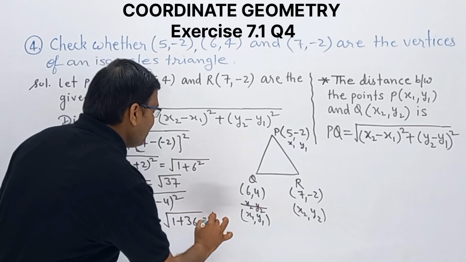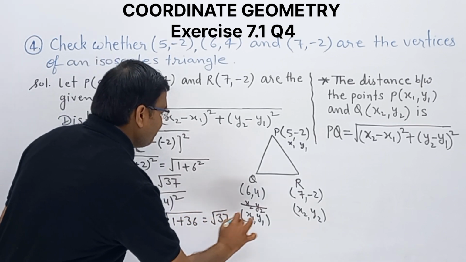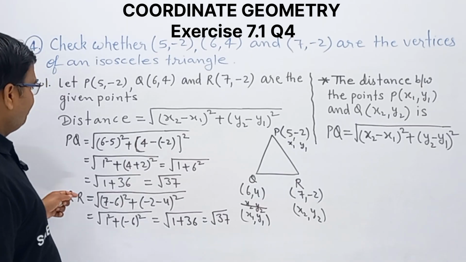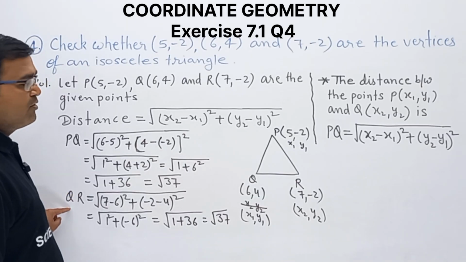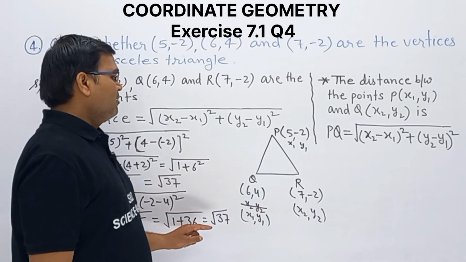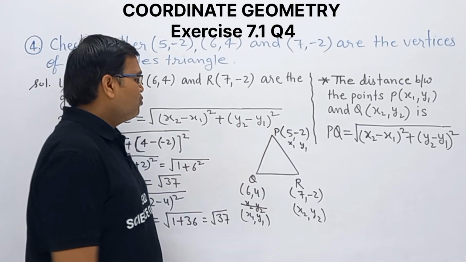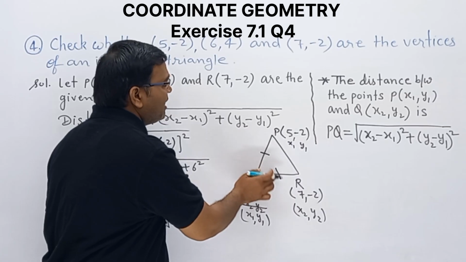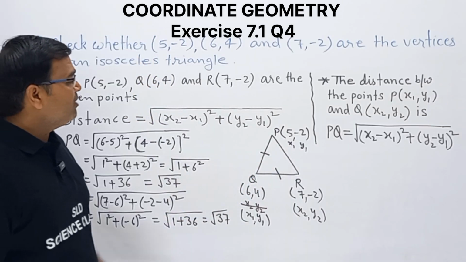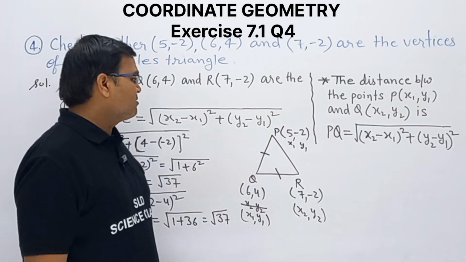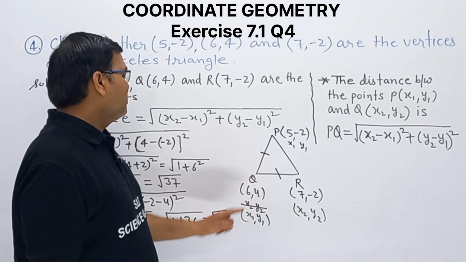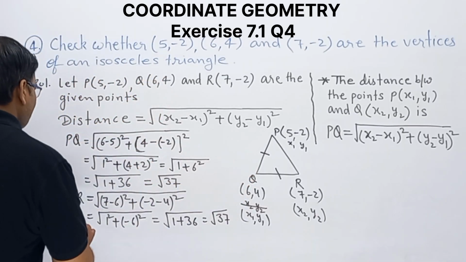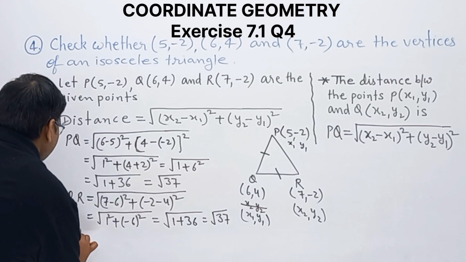We are getting the square root of 37. So we obtain two equal sides. So we can say this triangle is isosceles. We obtain this distance and this distance, both are equal. Once two sides of a triangle are equal, then we can say that it is an isosceles triangle.